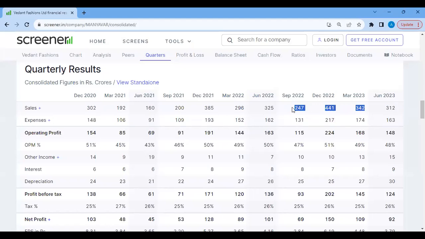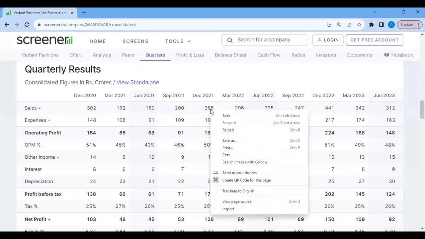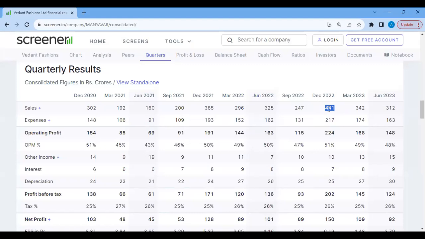Can you see the seasonality effect? Now, the takeaway is that in a seasonal business, you can't compare the December quarter with the September quarter because they're not comparable. December is the best quarter for this company. December must be compared with last year's December. You can't compare December with the September quarter. You can't compare December with the March quarter.